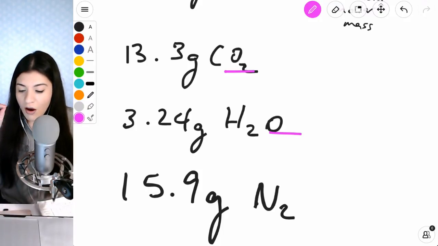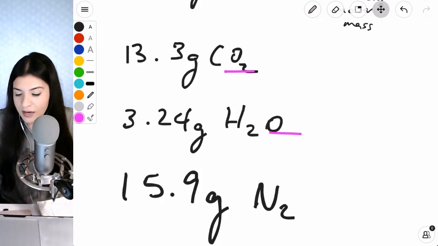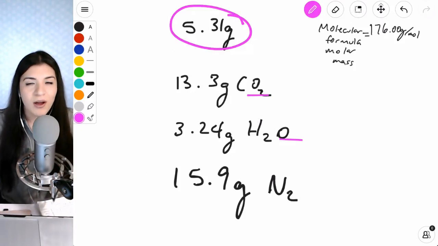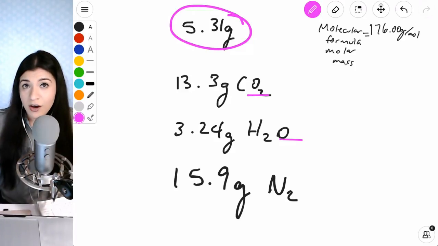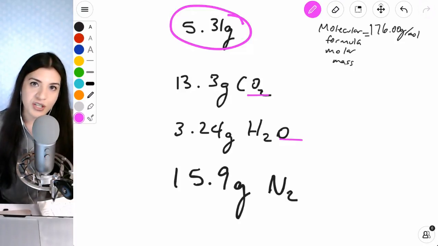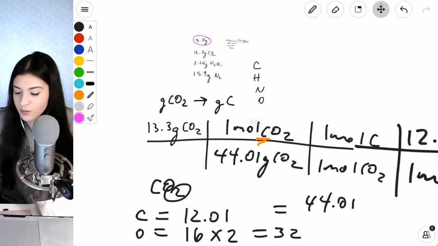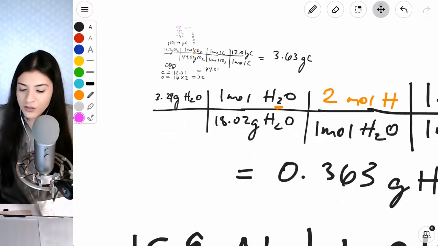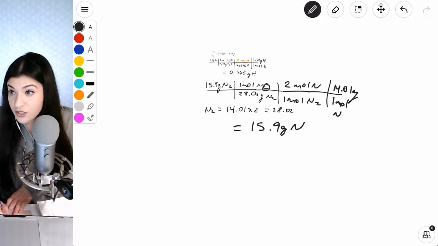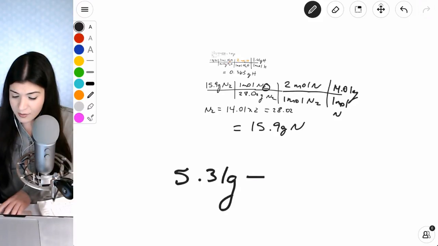Instead, because oxygen is in 2 different places, we actually have to take the sample amount, the 5.31, and subtract all the other grams that we found before. And then whatever is left is the amount of oxygen that we have. That's always the case whenever an element is found in 2 different places for these types of questions. So we started off with a total of 5.31 grams of our sample.